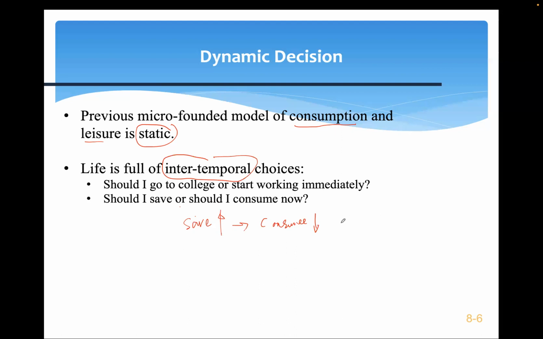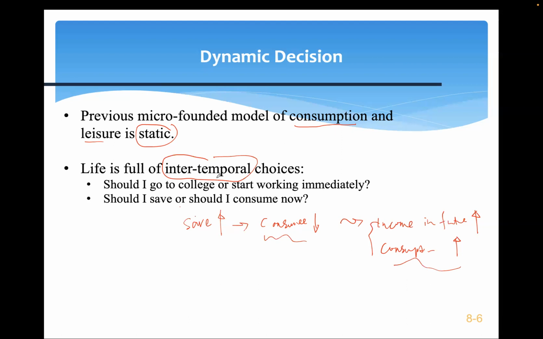But that's going to lead to more income in the future because you have saving income in the future. And at the same time, your potential consumption is going to increase in the future. So clearly you can see there's a trade-off between today's consumption versus future consumption.